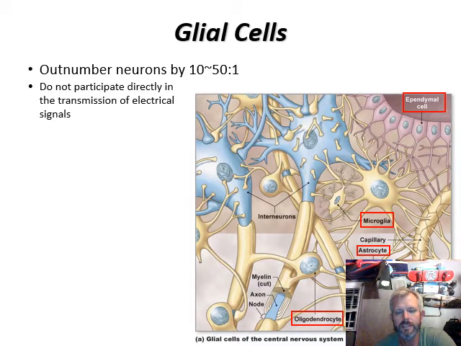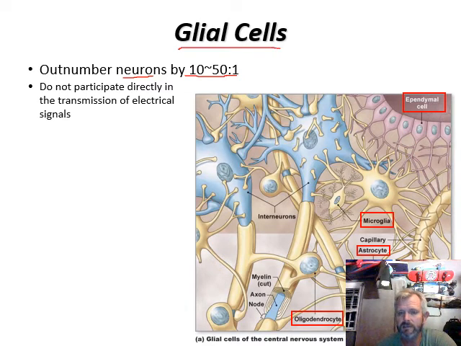Our glia cells outnumber the neurons by quite a bit, depending on the glia cell, 10 times or 50 times the amount compared to the neurons. They aren't actually physically part of the electrical signaling or transmission, but they are the helpers. The neurons aren't going to be able to function properly without the aid of these glia cells.